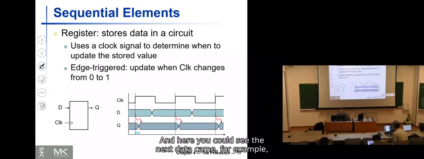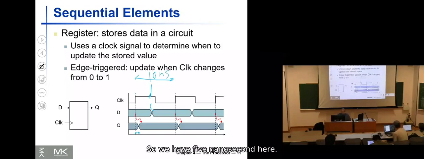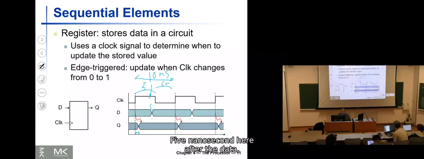And here, you could see the next data came, for example, at this time, during the clock. So let's say the clock cycle is 10 nanoseconds. So we have 5 nanoseconds here, 5 nanoseconds here. After, for example, 4 nanoseconds after the rising edge, the data changes.